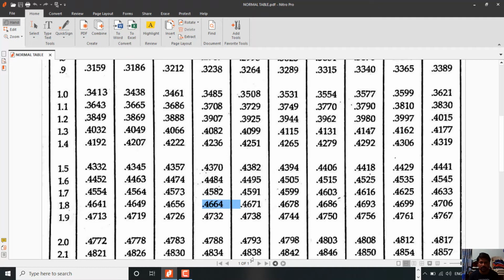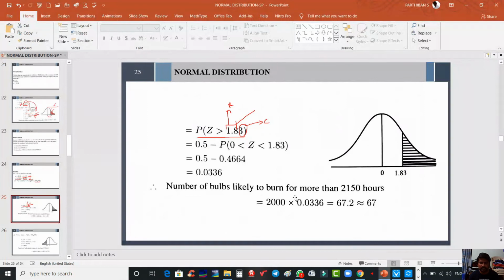So simply substitute this value 0.4664. Since 1.83 lies on the positive side of the normal curve, and we know the entire right hand side area is 0.5, we take 0.5 minus the area between these two ordinates.